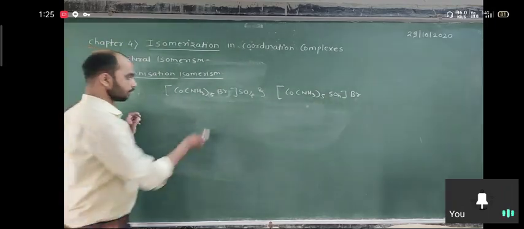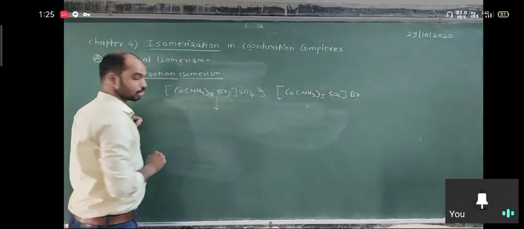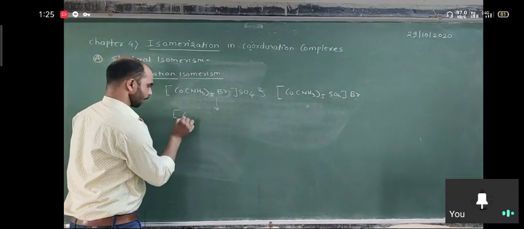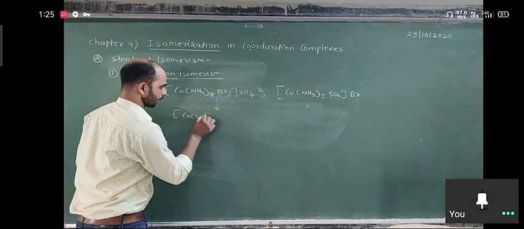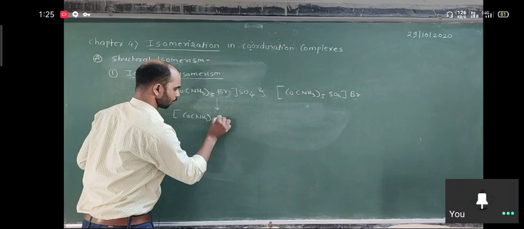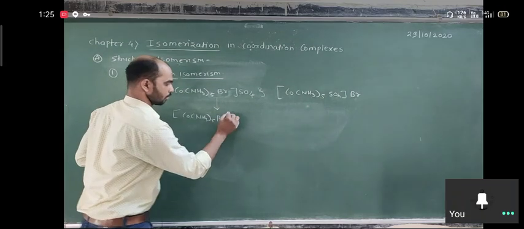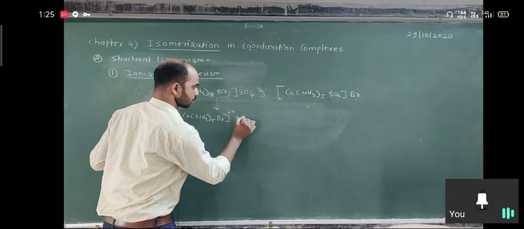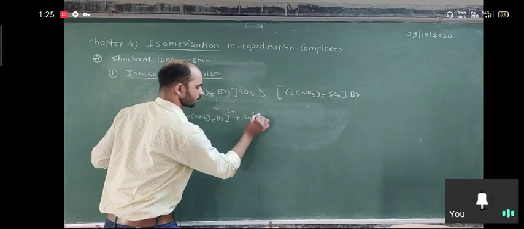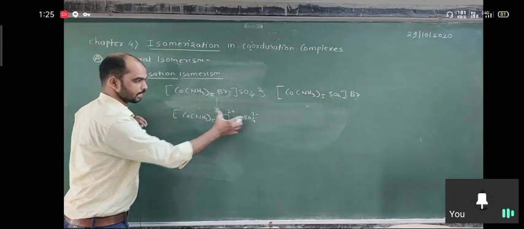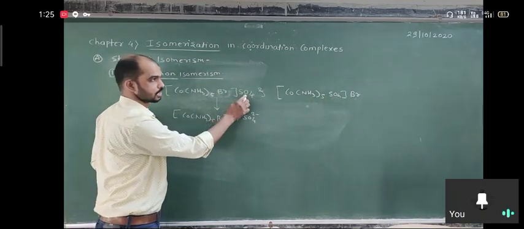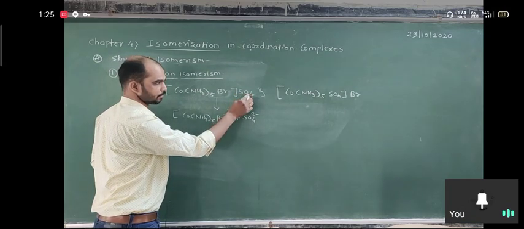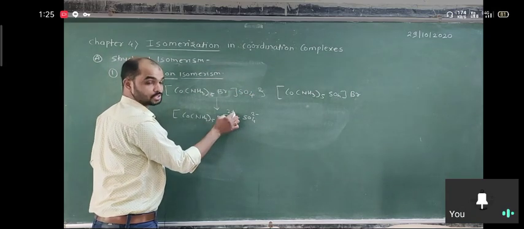But if we dissociate it, if we dissolve it, [Co(NH3)5Br]2+ and SO4 2- are formed. There is ion formation, cation and anion. Because sulfate has a minus 2 charge, the complex has a plus 2 charge.